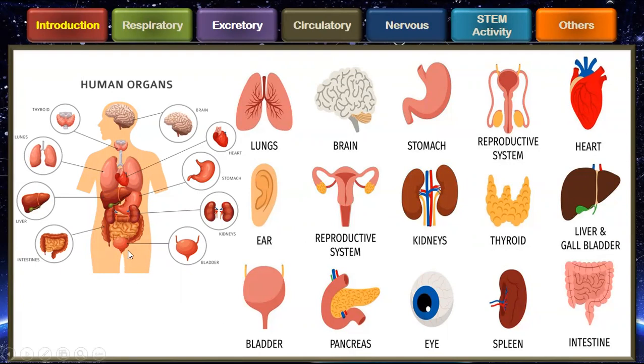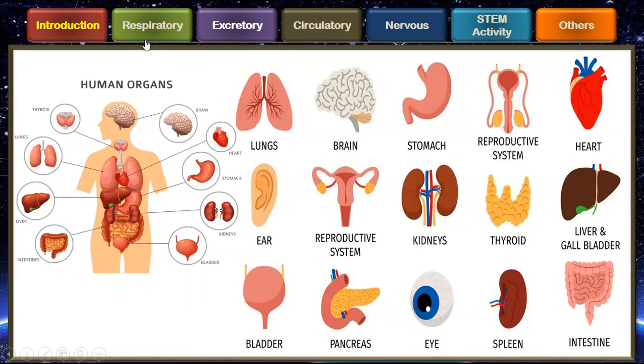The bladder, which stores our urine. The pancreas. The pancreas helps to regulate our sugar level. Our eye, the spleen. The spleen can be found at the top left corner of our stomach. And the intestine.